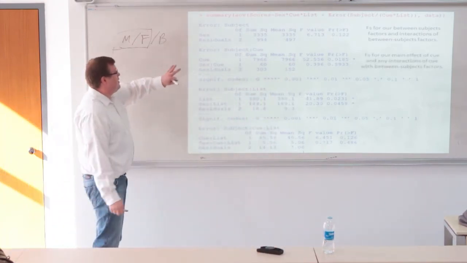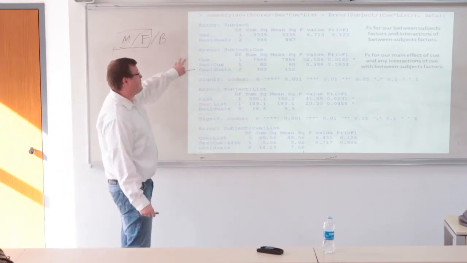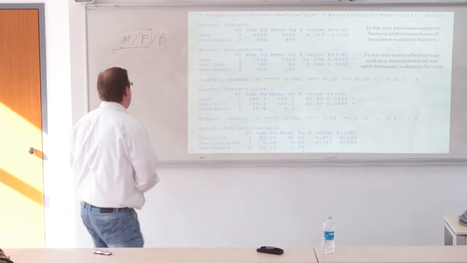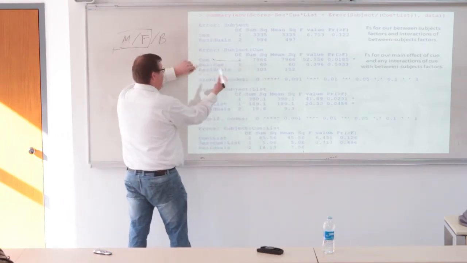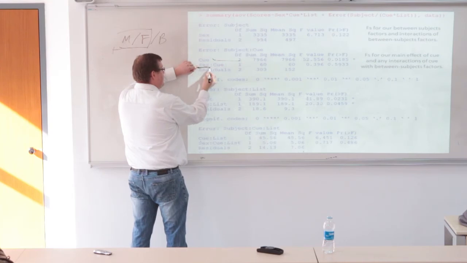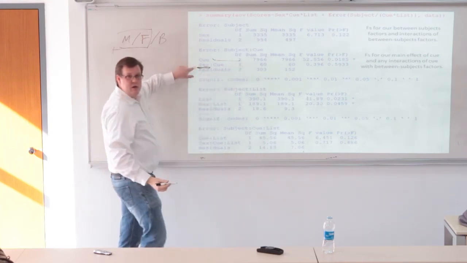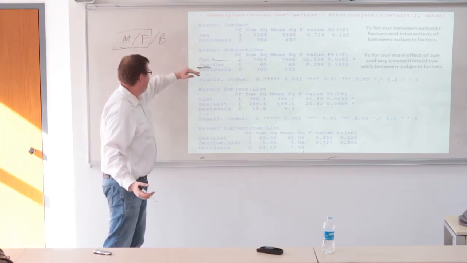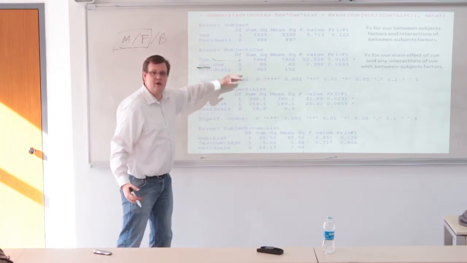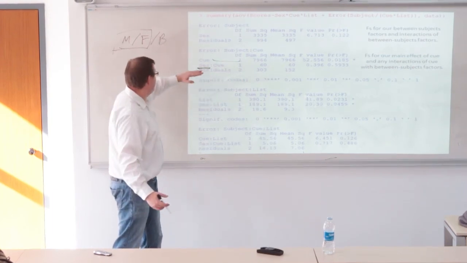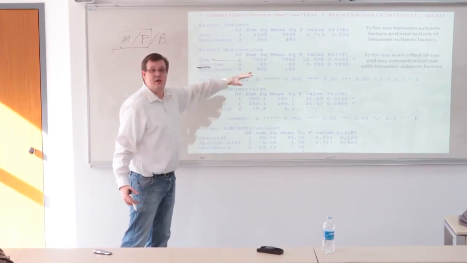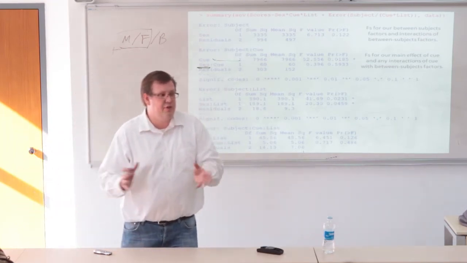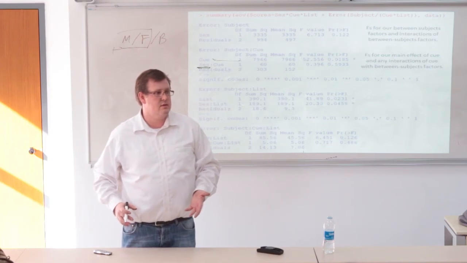We also have our F's for our main effect of Q and any interactions of Q with between subject factors. So we have Q. We also have the interaction of our between subject factor, sex, with Q. If we also had coconut, we would have another line for coconut and Q, and then a line for sex, coconut, and Q, because the sex and the coconut liking are things that vary between subjects.